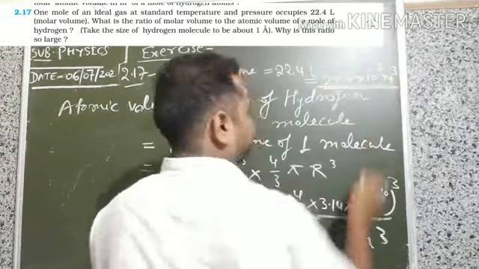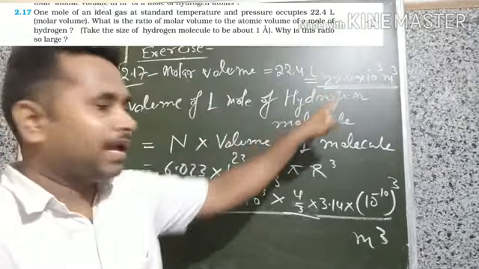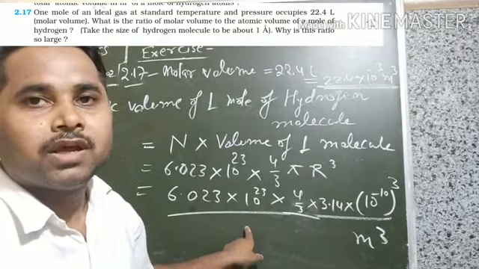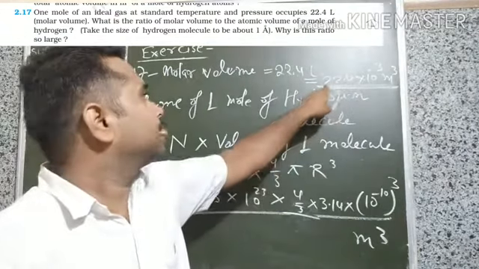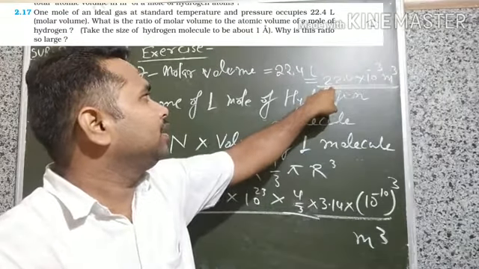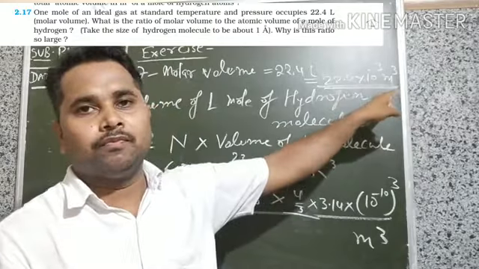Now see here, these two quantities, this is molar volume and this is atomic volume. It is 22.4 into 10 power minus 3 meter cube.